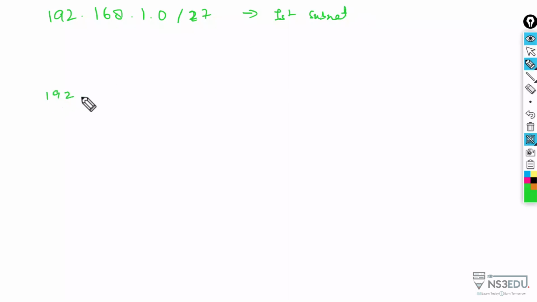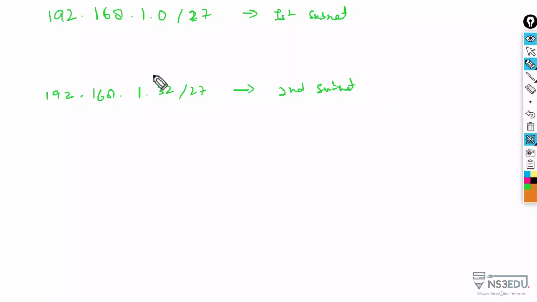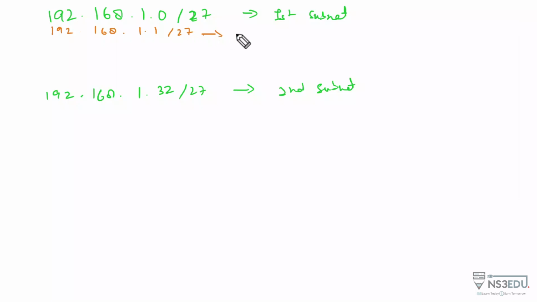Then 192.168.1.32/27, the second subnet. There are some IPs that we need to know, and their terminologies. The first thing: 192.168.1.1/27 is the first valid IP.